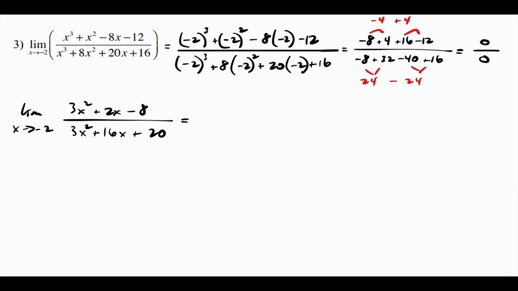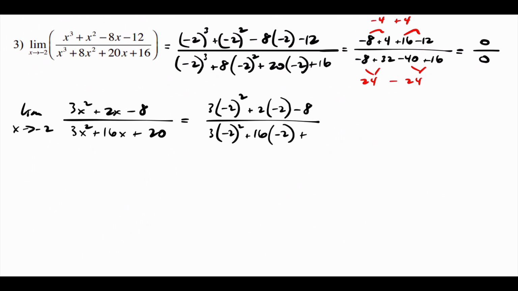Okay. Plug in -2 one more time. So -2 squared is 4 times 3 is 12. Minus 4 minus 8.